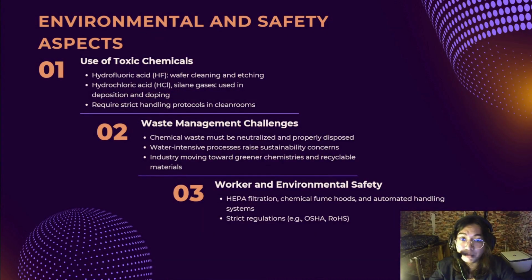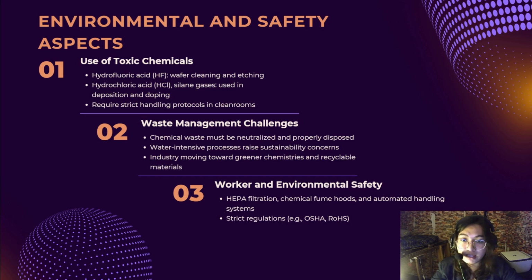Now, let's talk about the environmental and safety aspects. While semiconductors bring incredible benefits, it's also important to consider the environmental and safety implications of their production. Semiconductor manufacturing involves the use of toxic chemicals.